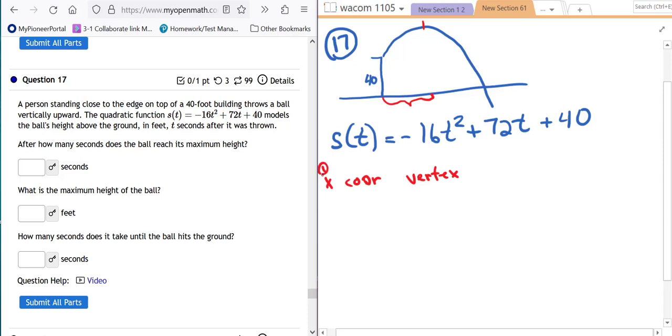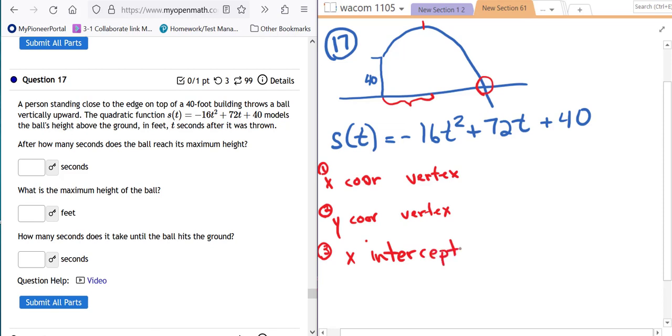That's question number 1. Number 2, the maximum height, the y-coordinate of the vertex. How many seconds does it take until it hits the ground? Right here is where it's going to hit the ground, and so that is your x-intercept. So those are the things that you need to find, but you had to be able to interpret that.